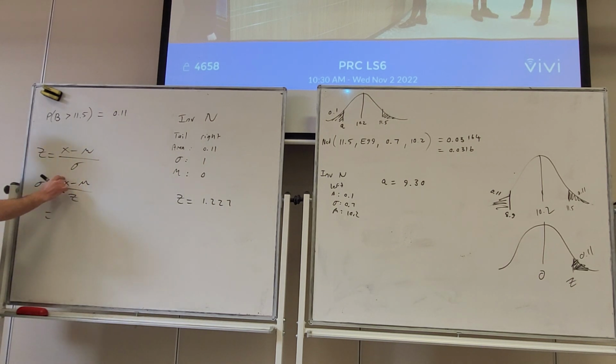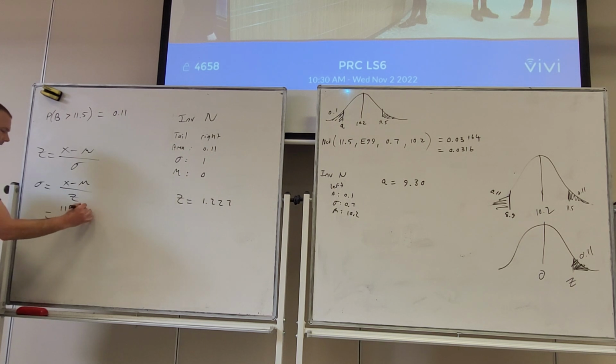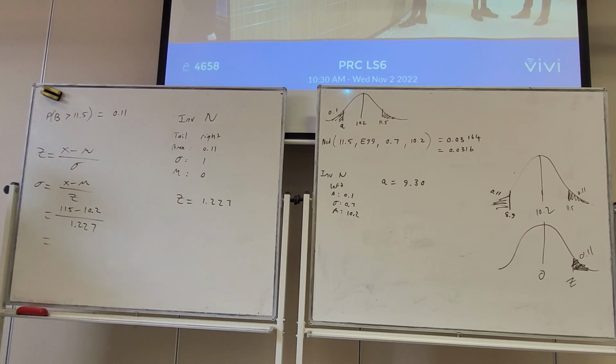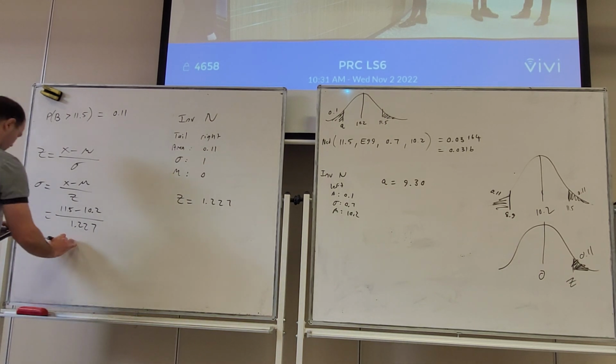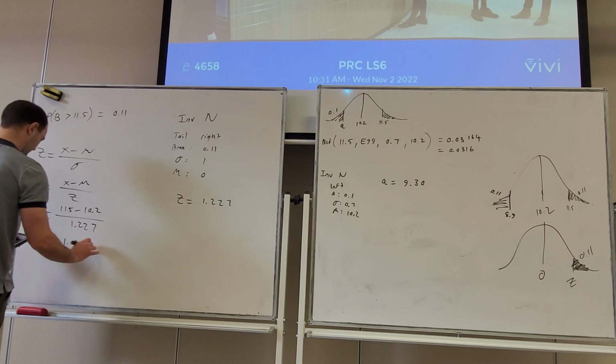So, we had X was 11.5, the mean was 10.2, and our z-score was 1.227. We'll plug all that in to get the standard deviation for B. Alright, and we've got the standard deviation is 1.059.